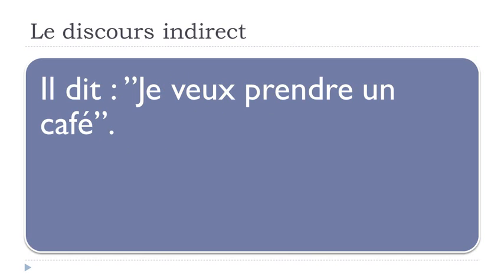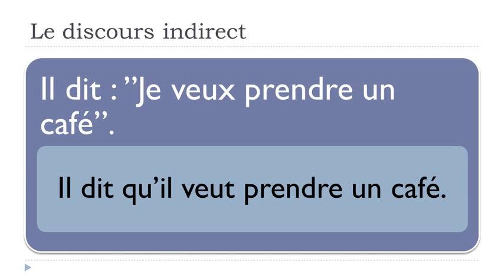So if you want to transform this sentence, it will be a bit different, because in the first sentence it was quite simple, because you had this il and elle, but in that case, of course, you've got the je veux, and you need to transform this thing, so you need to adapt it, because here we've got the subject, so the subject is masculine, and then it's at the third person, so il dit.